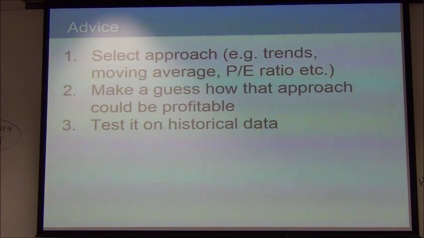Okay, so for example, what can be an example of changing guesses or changing assumptions? Let's say that we try to test a strategy when we open positions during the last 15 minutes of the trading session. Let's say we tested that strategy and it turned out that it is not profitable and the assumption is wrong.